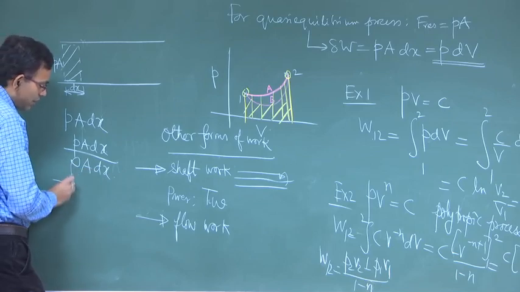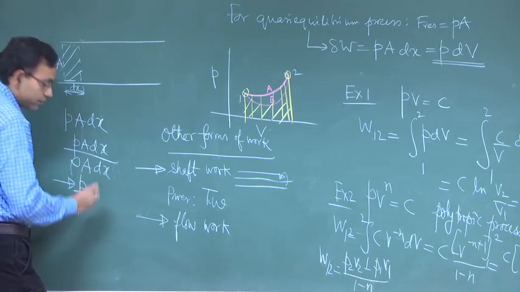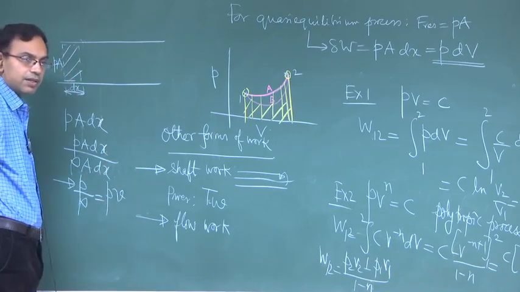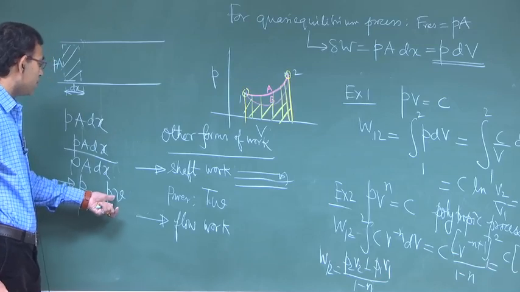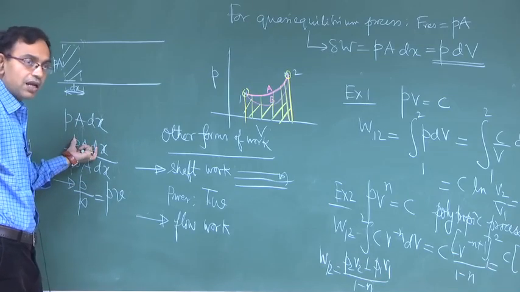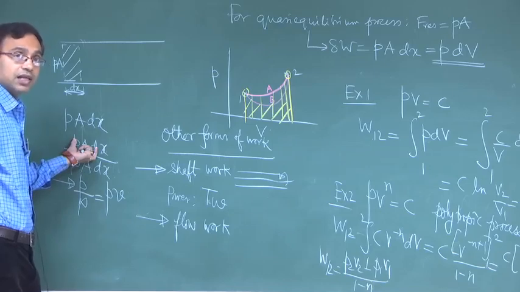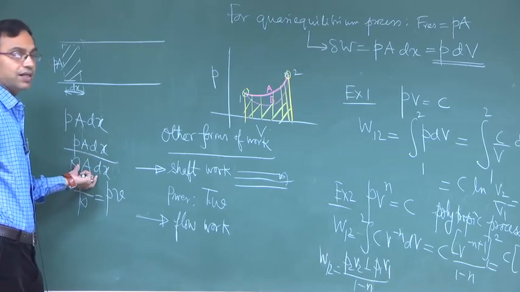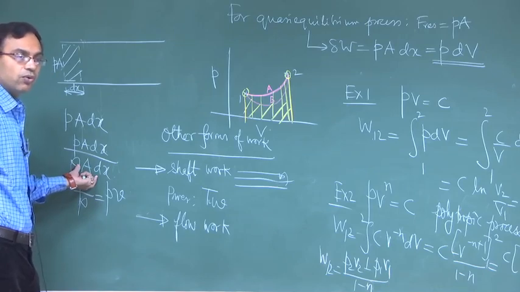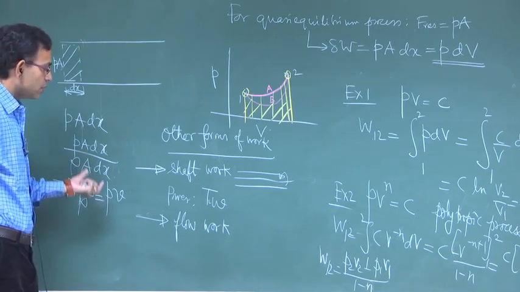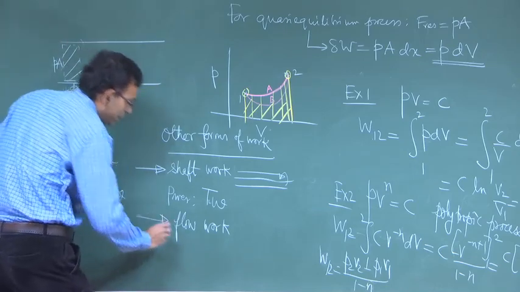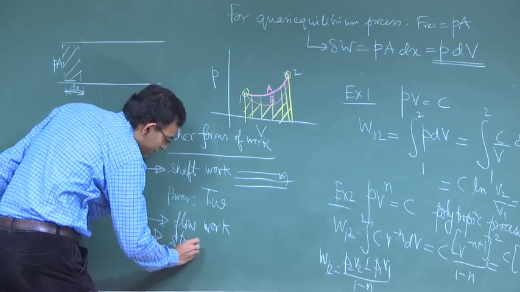So, that is called P by rho or P into specific volume in thermodynamics. So, pressure into specific volume is the energy required to maintain the flow in presence of pressure per unit mass. This is called flow energy or flow work. So, you have flow work. Then you also have work done due to stretching of a wire.